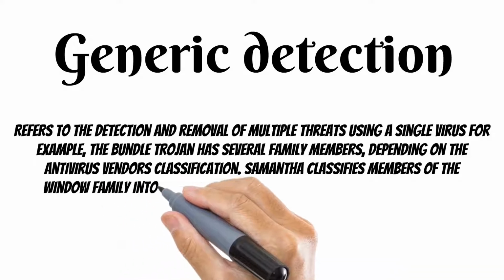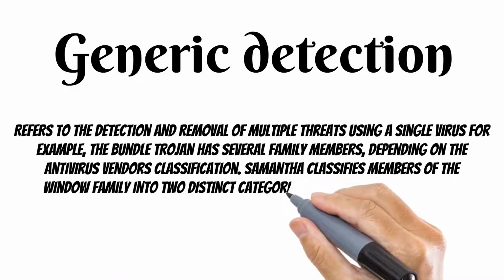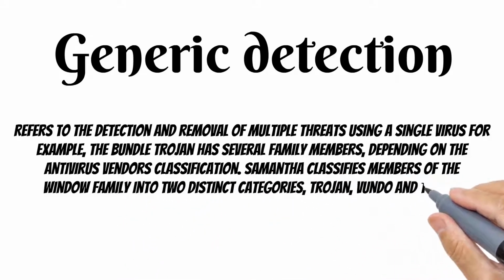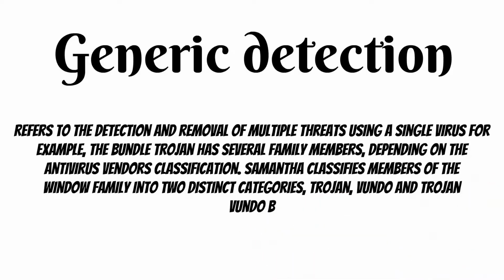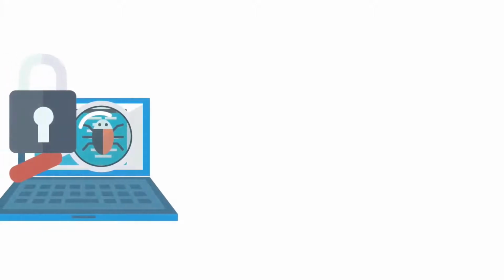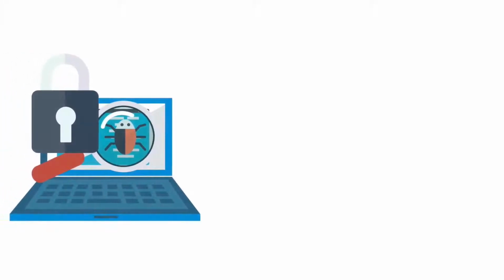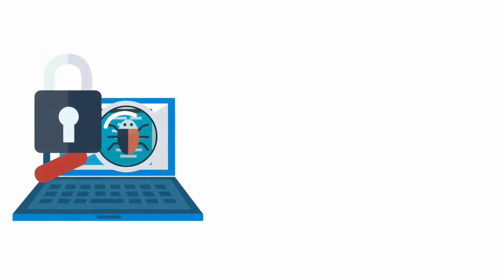For example, the Vundo Trojan has several family members depending on the antivirus vendor's classification. Symantec classifies members of the Vundo family into two distinct categories, Trojan.Vundo and Trojan.Vundo.B.